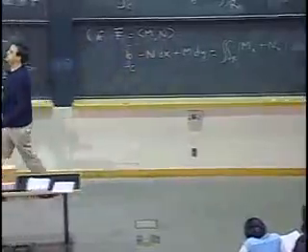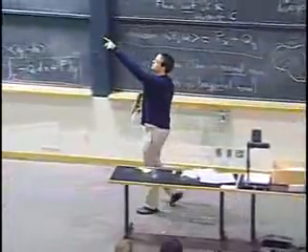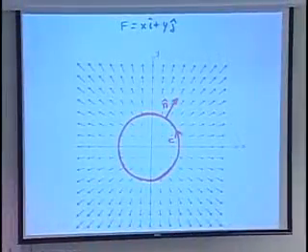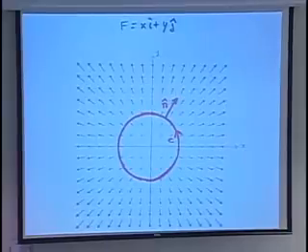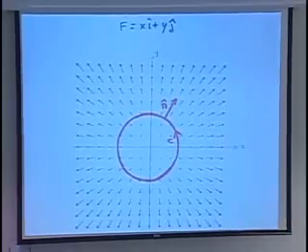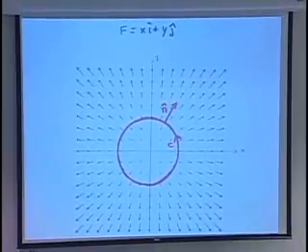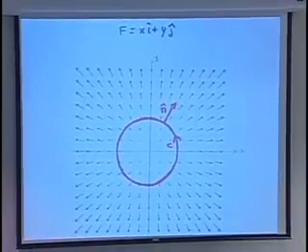Okay, so now let's do an example. Let's look at this picture again, the flux of xi plus yj out of a circle of radius a. We did the calculation directly using geometry, and it wasn't all that bad. But let's see what Green's theorem does for us here.